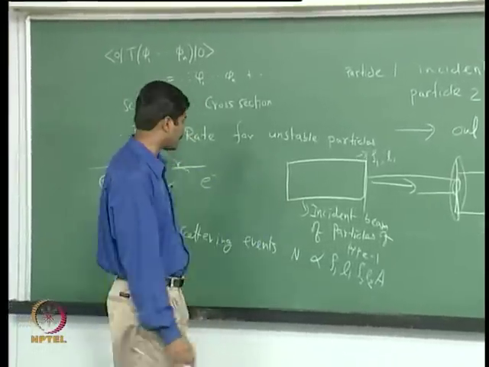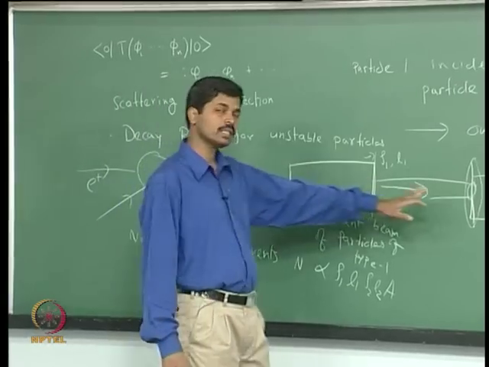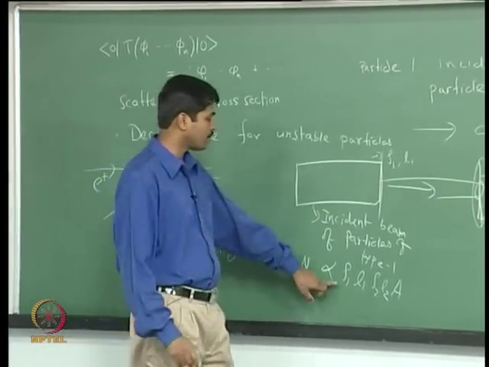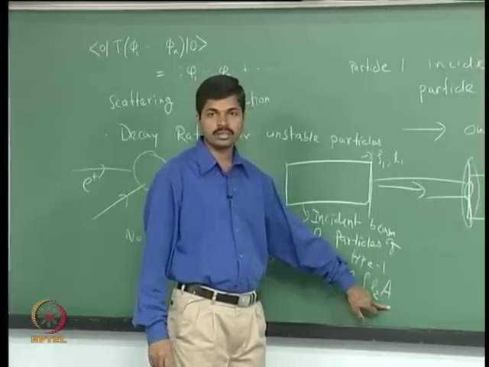So, the cross section for this scattering is determined by dividing the number of events by this quantity here.